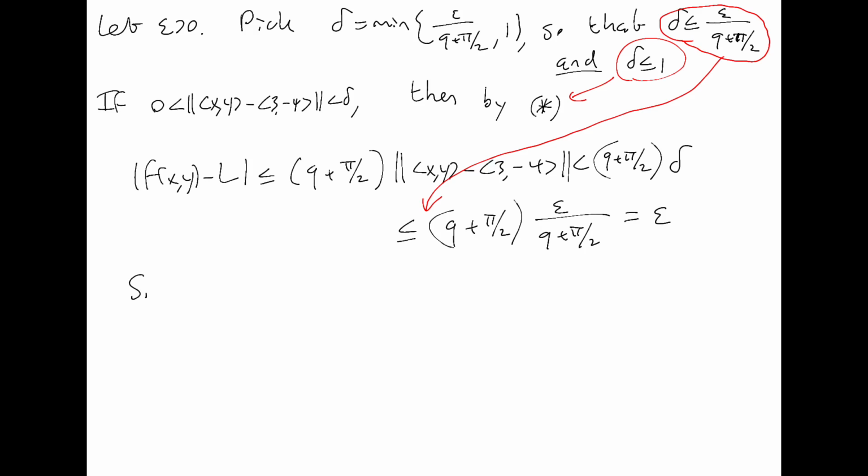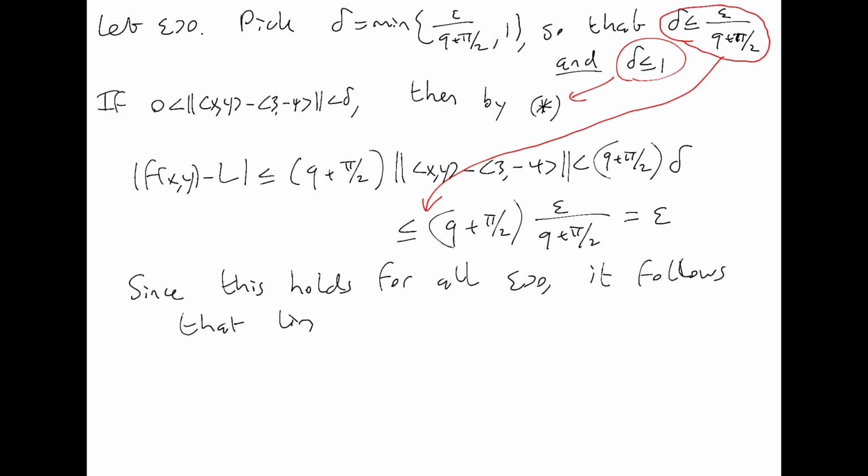So now we write the final remark that since this holds for all epsilon, it follows that the limit for (x,y) to (3,-4) of the arctangent of the absolute value of y plus 4 to the third times x minus 3 plus y squared equals 16.